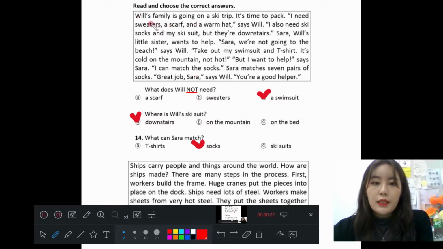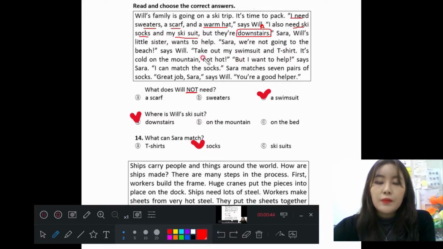So let's see. He said he needs sweaters, scarf, and warm hat, and he also needed ski socks and ski suit. But where they were, the downstairs. I think this is going to be another keyword for the next question.